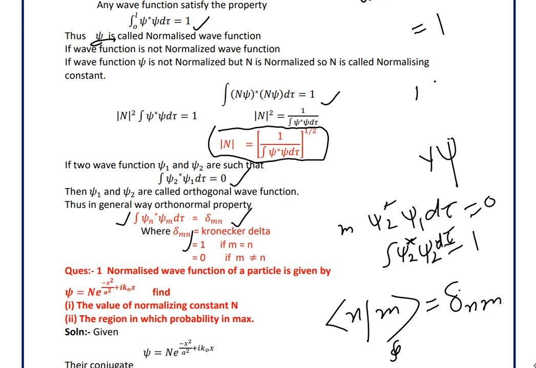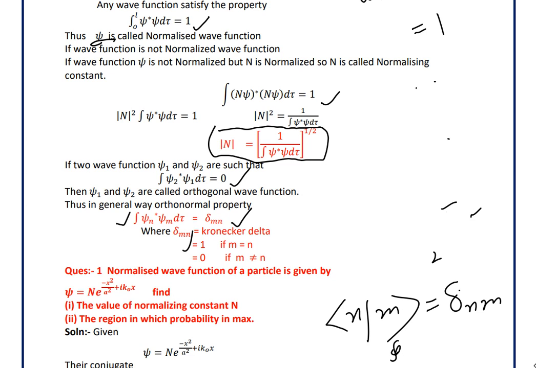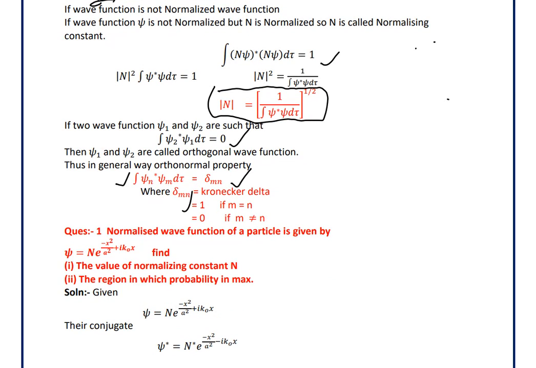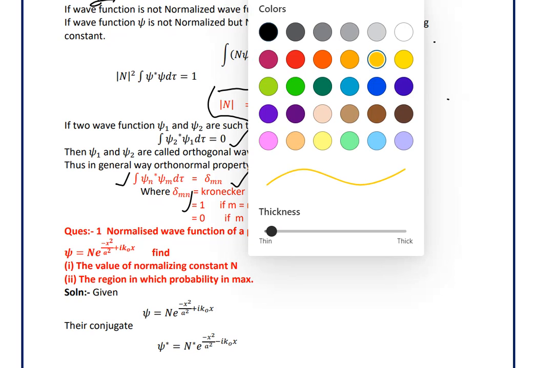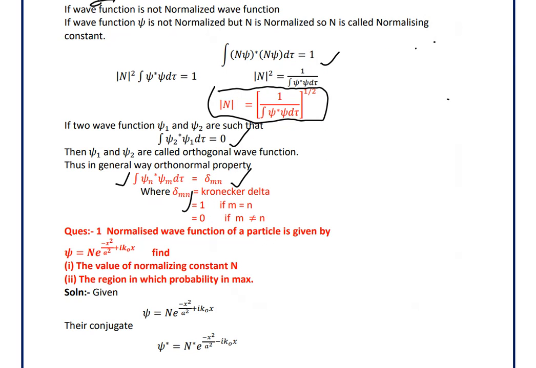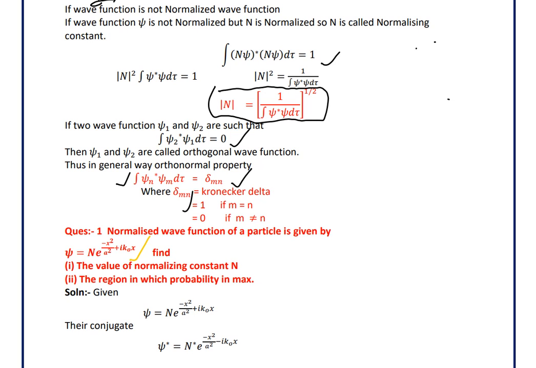Now take some examples related to the normalizing property. My first example: normalize the wave function psi is equal to n e to the power minus x square upon a square plus i k naught x.